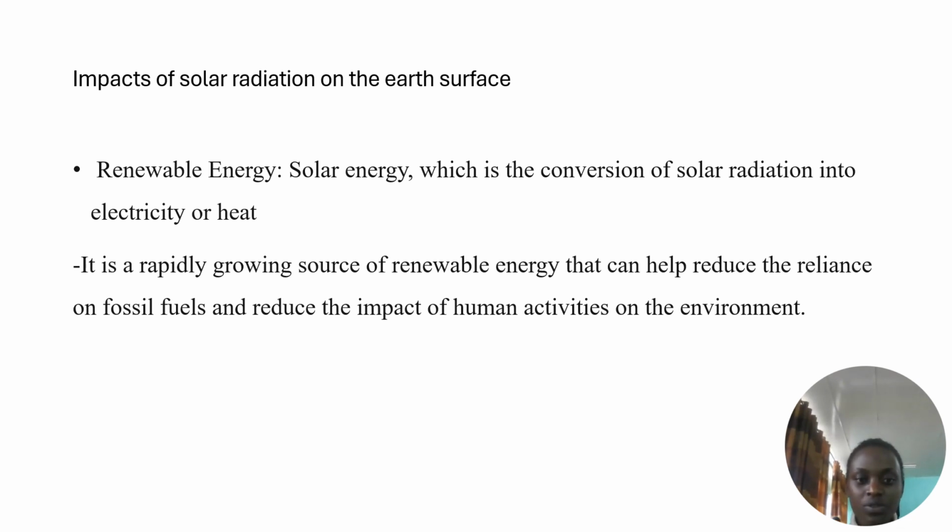Firstly is renewable energy. Solar energy is a conversion of solar radiation into electricity or heat. It is a rapidly growing source of renewable energy that can help reduce reliance on fossil fuel and reduce the impact of human activities. I think it is understandable.